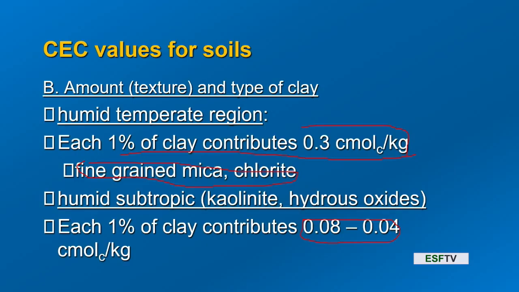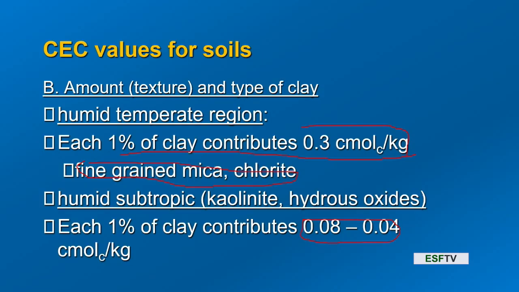Again, we think back to that Excel spreadsheet that I had on the slide, and think back to what the average CEC was for kaolinite, and what the average CEC was for the hydrous oxides. We remember that the average CEC for kaolinite was 8 centimoles of charge per kilogram. Okay?